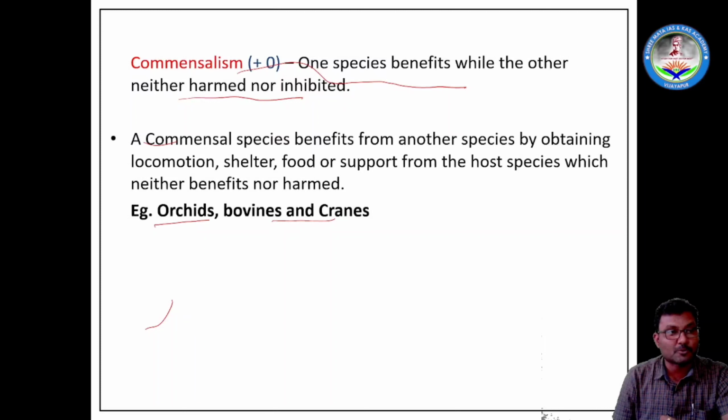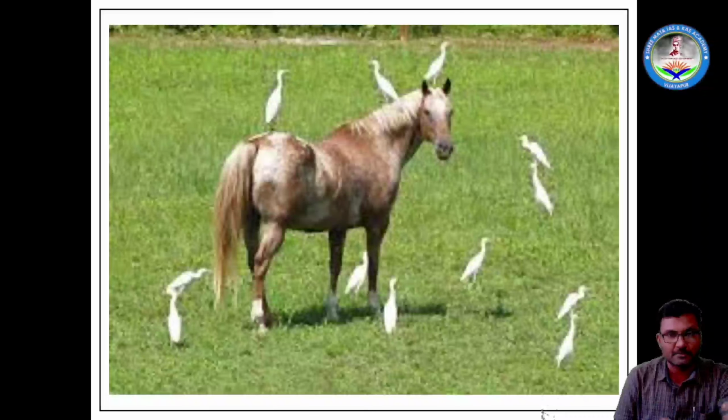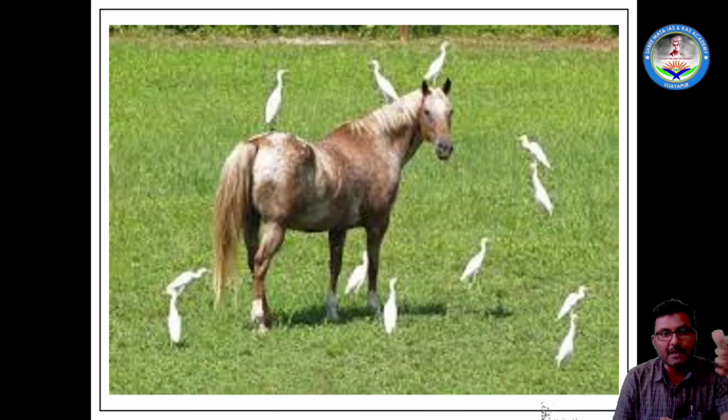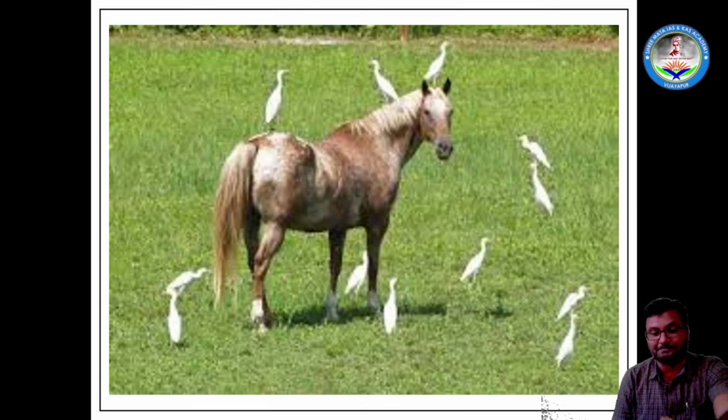Other than this, they don't get anything. Here, the buffalo is not harmed by the cranes, because they are just sitting on its body. This is commensalism. I have given two examples here. Look here, one horse is grazing in the open field, and some cranes are sitting on its back, on its body. But it will not cause anything to the horse. This is commensalism.